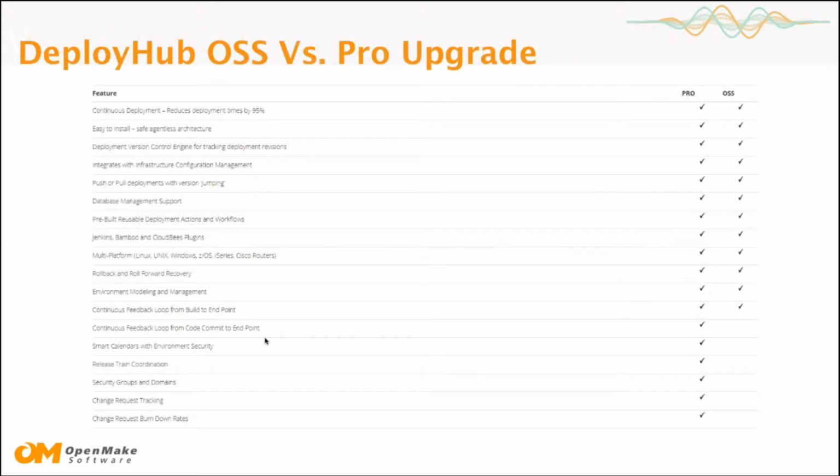What you get with the pro versus the open source: the continuous feedback loop is extended out to track code commits, so we know exactly which files have changed as part of the deployment, tracking those from the developer all the way out to the endpoint where that coding change was made. Also, we have smart calendars in the pro version, which enables us to control the pipeline from a calendaring perspective.